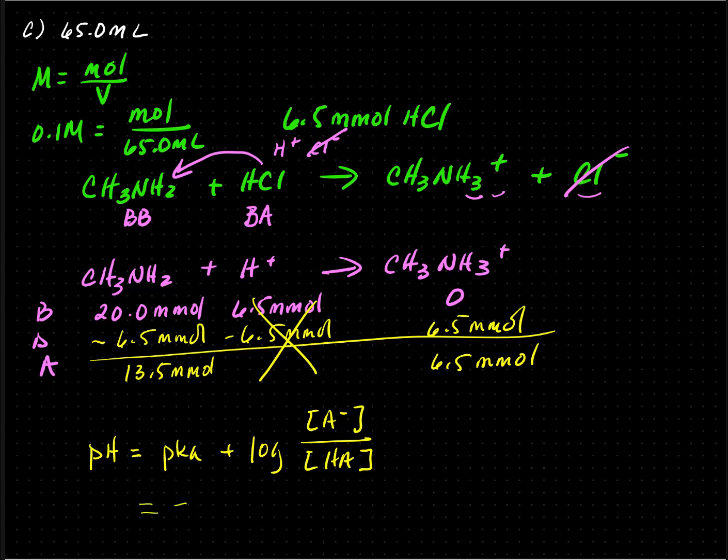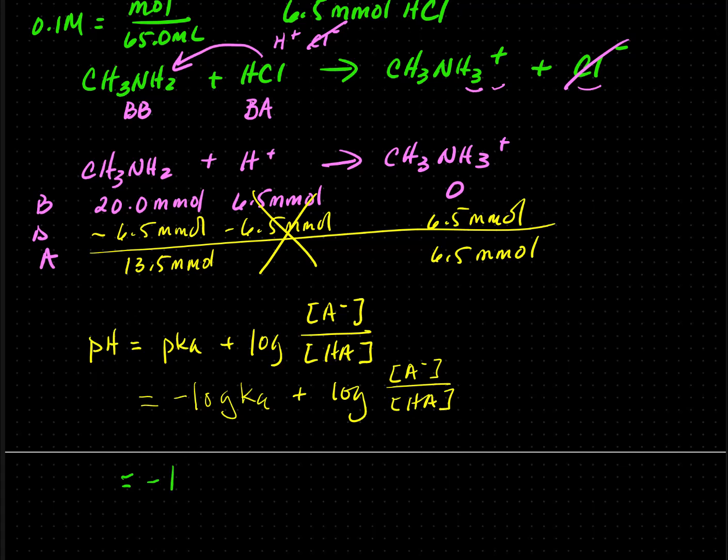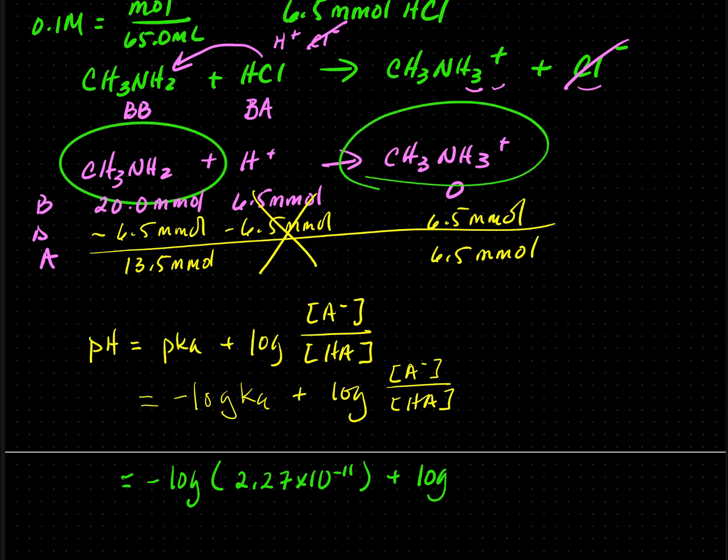So pKa is the same thing as negative log of Ka, plus log of the conjugate base over the weak acid. We calculated the Ka, and it was equal to 2.27 times 10 to the negative 11, plus log. Since we are using the pH equation, A minus, the conjugate base, is CH3NH2, and the acid is going to be CH3NH3 plus.